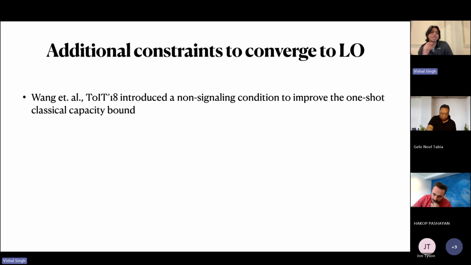And in this paper from 2018 by Xin Wang, they introduced a non-signaling condition, and it actually improved the one-shot classical capacity bound for many channels. In fact, we can simply import their condition in our code as well, and that then becomes a stronger bound. And basically, what we can then claim is that it is indeed strictly better than the bound from Xin Wang's paper as well as previous papers.